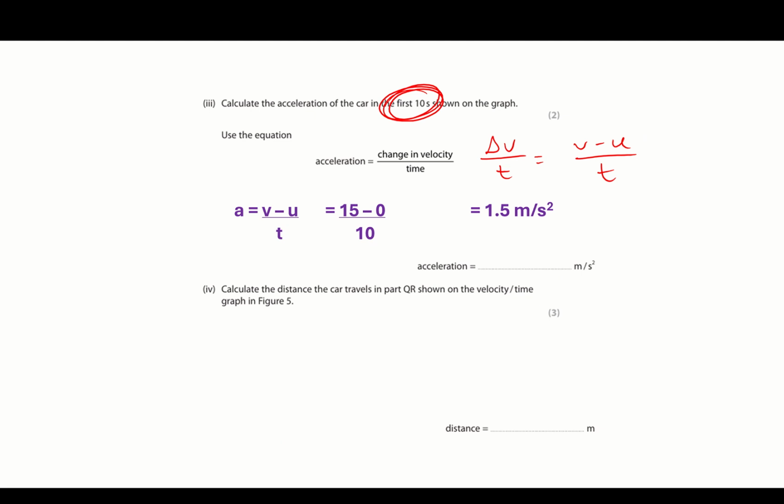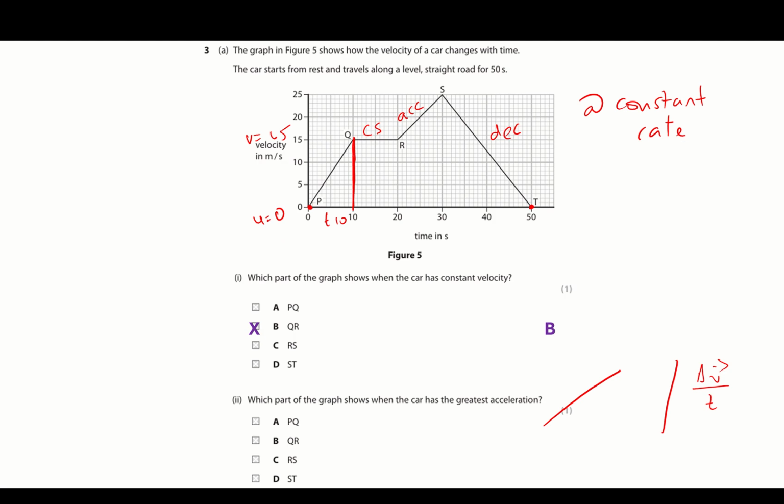Calculate the distance the car travels. Remember, to do this, we need the area under the graph, and it wants us to do part QR. So if I go back, delete all of this stuff, and this is going to be nice and easy. Q to R, and we want to work out that.